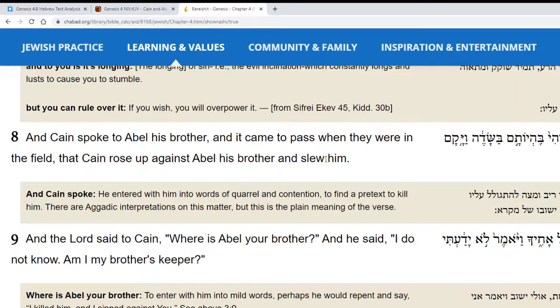And Rashi does explain here: there are aggadic interpretations on this matter, but this is the plain meaning of the verse. And of course, Rashi only talks about the plain meaning. Why exactly? What does it mean that they spoke with each other?